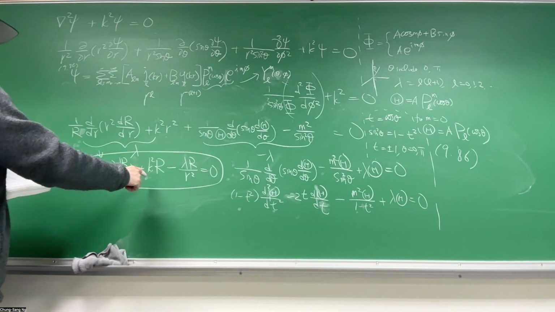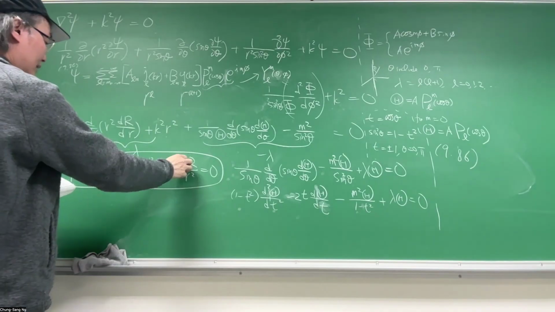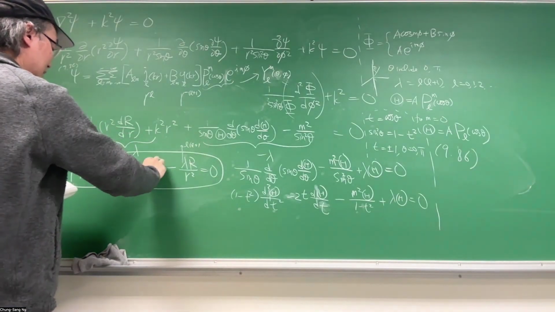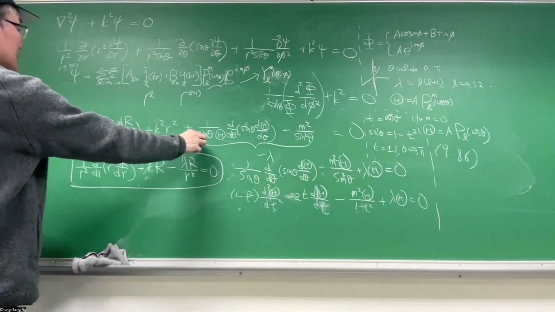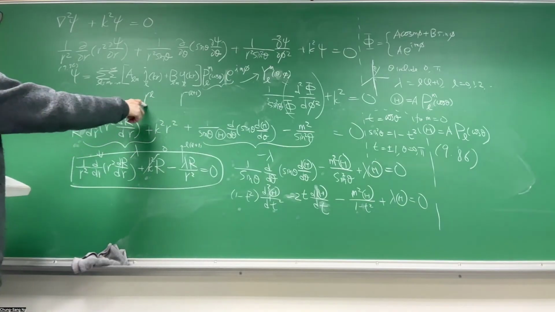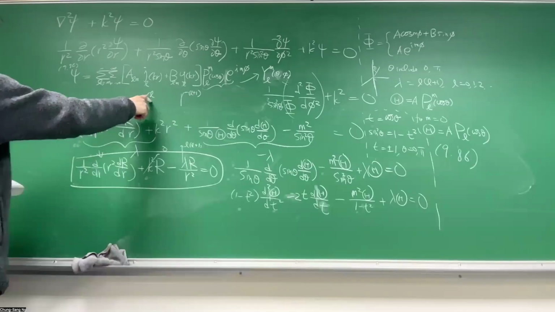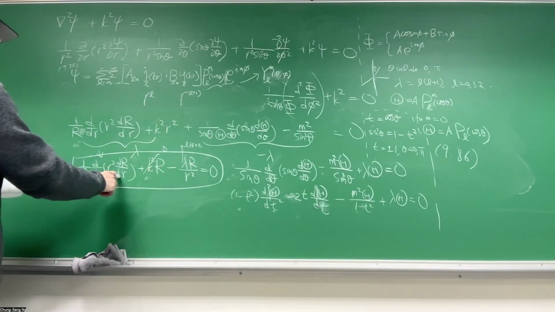If you set k to 0 and set lambda to l times l plus 1, you can work out the two solutions, or you can just substitute this power form of r into here to see if you get the same.